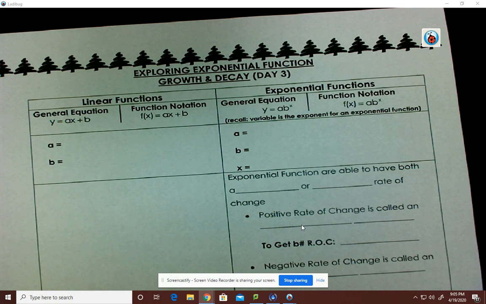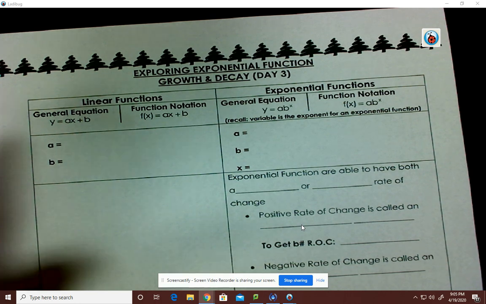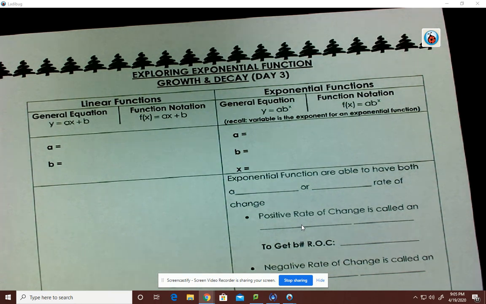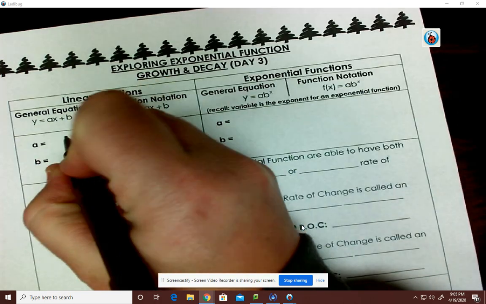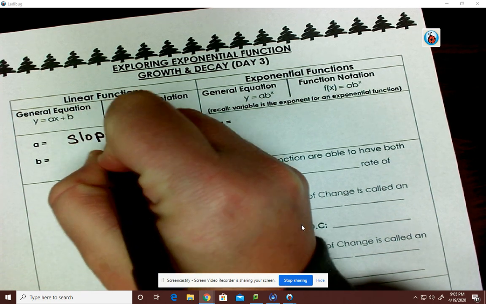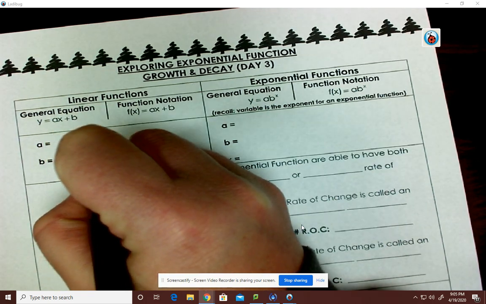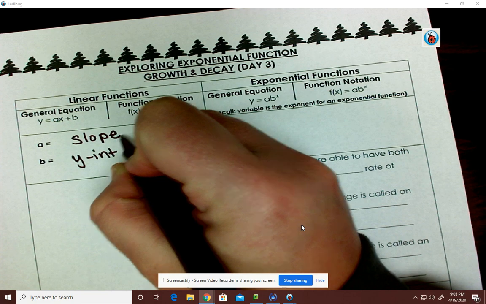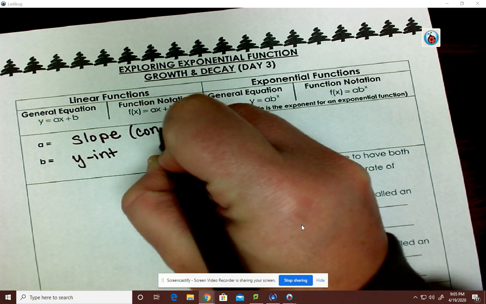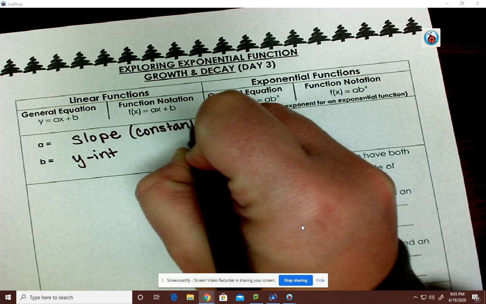All right, so linear functions, we started that way back in 7th, 8th grade. We know slope-intercept form is y equals ax plus b, and we know that a is our slope and b is our y-intercept. And if it's linear, this rate of change or this slope is going to be constant.